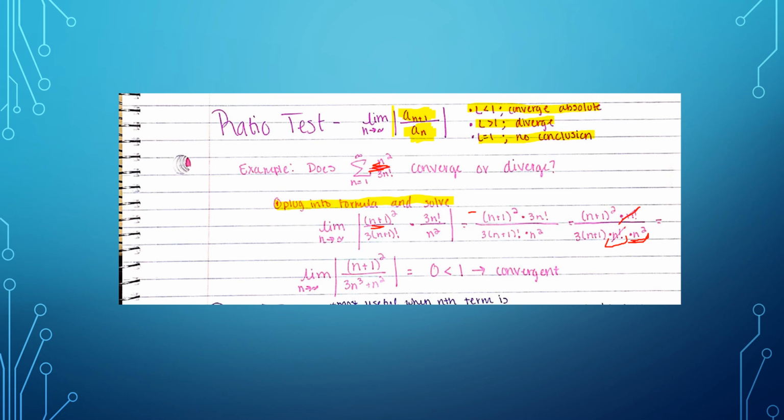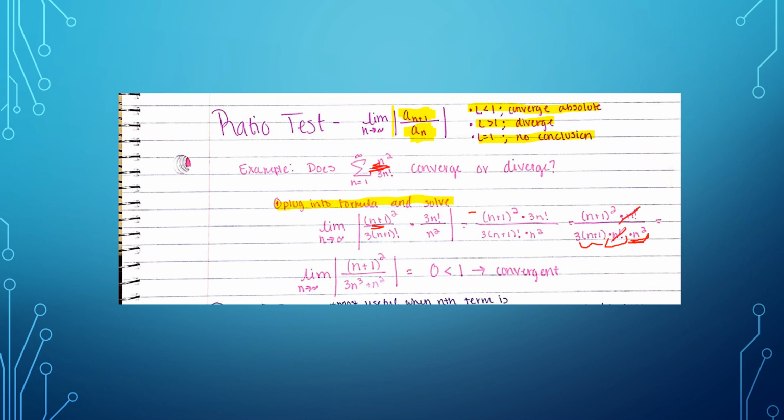So these two n factorials cancel out, and so we have the limit as n approaches infinity of the absolute value of n plus 1 squared over 3n cubed plus n squared. What we did to get the 3n cubed plus n squared is we distributed the 3 and then multiplied everything by this n squared.